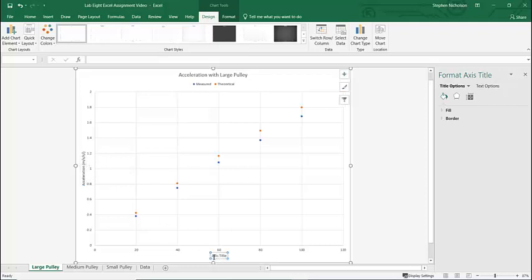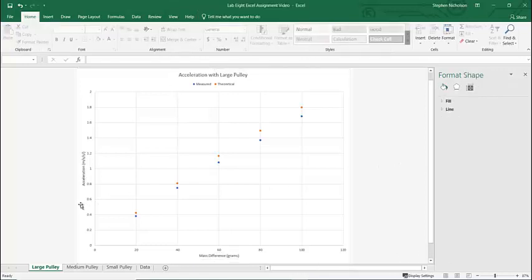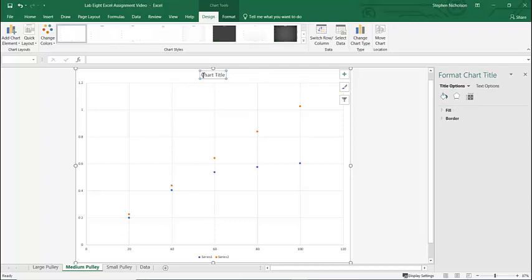Then we go to the horizontal axis, which we'll say is mass difference, and the units are grams. So I think that's about it. Like I said, we could increase the font size to make it look a little bigger. And then we just do the same thing for the others.